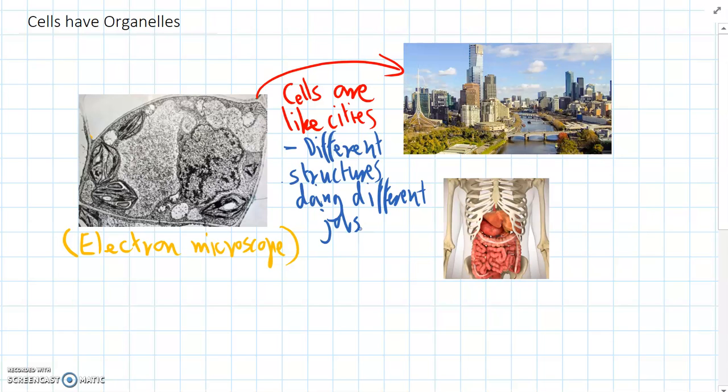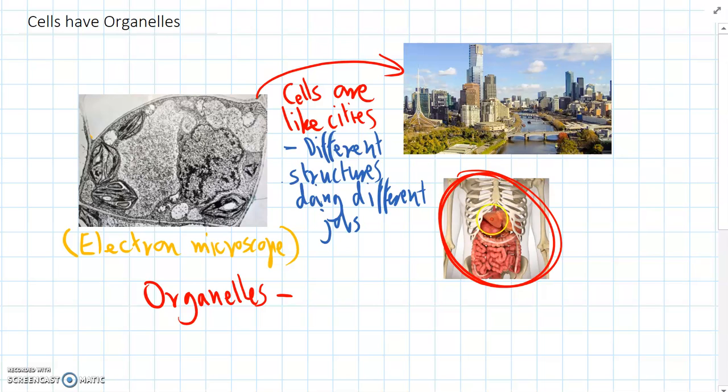And what we call these individual structures is organelles. Think of organs in the body. So organs in the body, they all have a particular job to do. And organelles are like tiny organs. So these are structures in cells with a particular job.